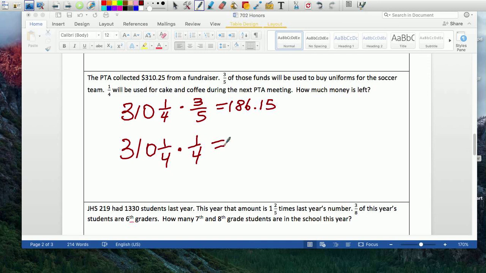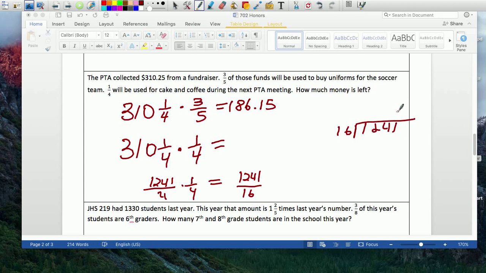310 times 4 equals 1,240, right? So let me change that. So 1,240 plus 1/4 times 1/4. That's going to equal 1,241 over 16, which I'm going to now divide.